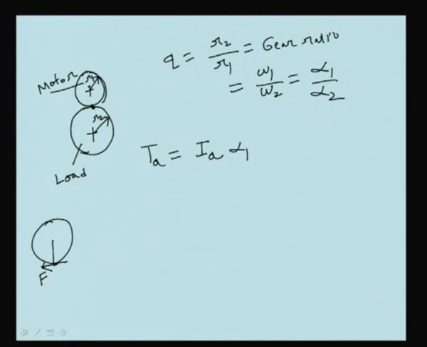That is how it transmits the torque, because it is rotating this gear. Suppose it rotates in the clockwise direction, then the opposing force has to come here like this.